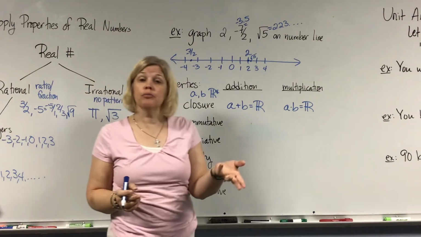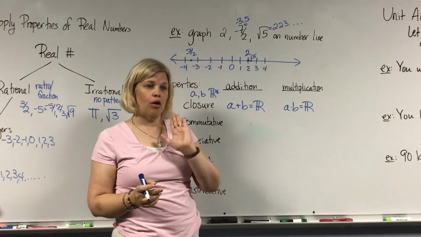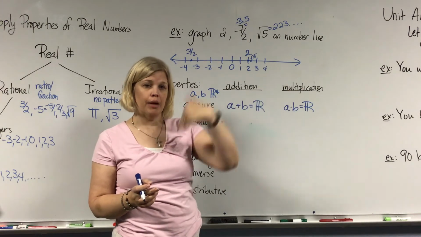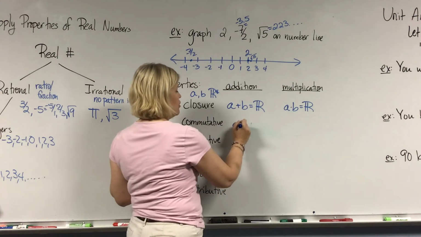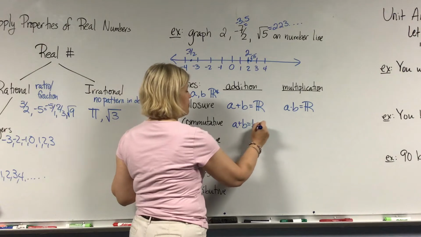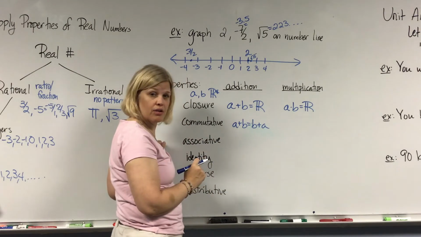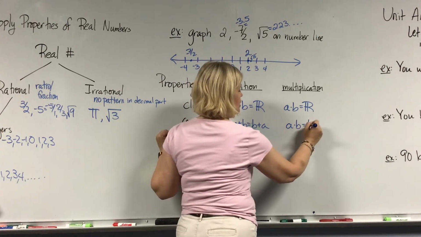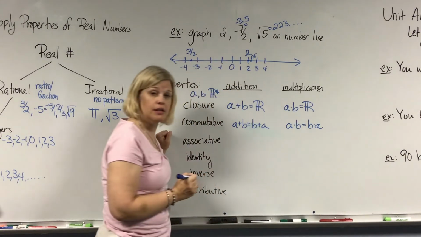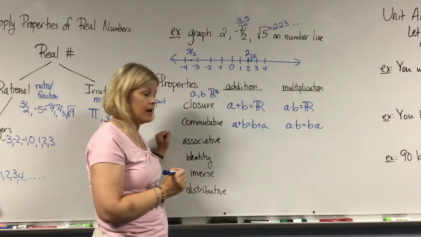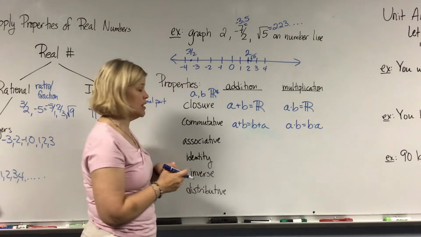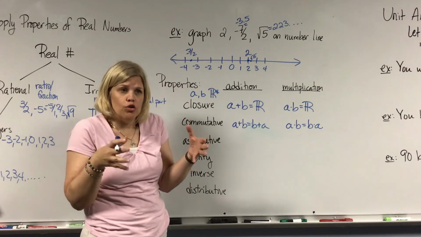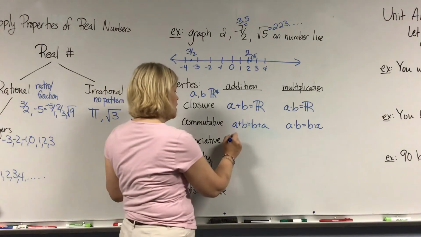Commutative, if you think about your commute, that means from home to school and school back to home. If it's commutative for addition, you can do it in any order. If it's multiplication, A times B is the same thing as B times A. Associative means who you hang out with, who you associate with.